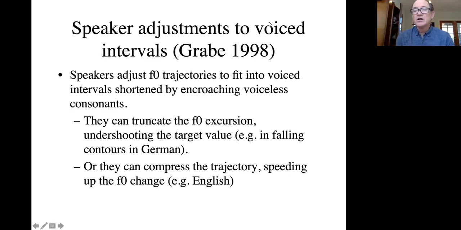There's Luganda, an article in 1998 on English and German intonation, pointed out that speakers adjust their F0 trajectories to fit the available voiced intervals.